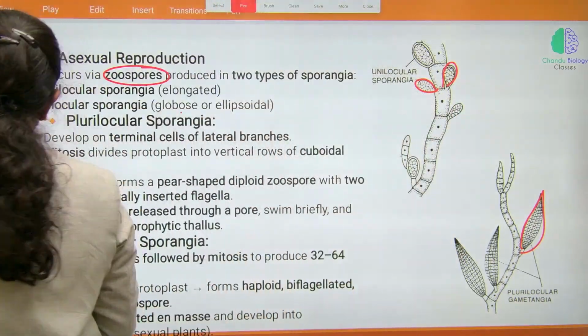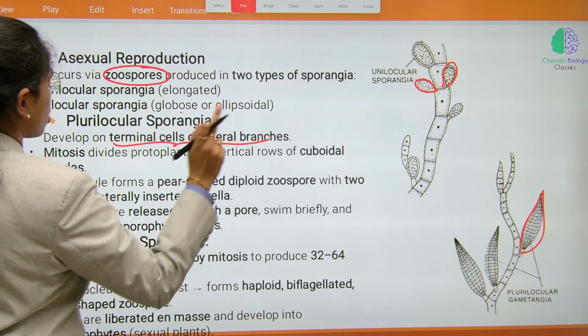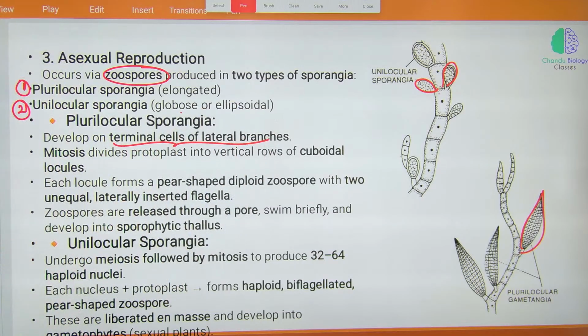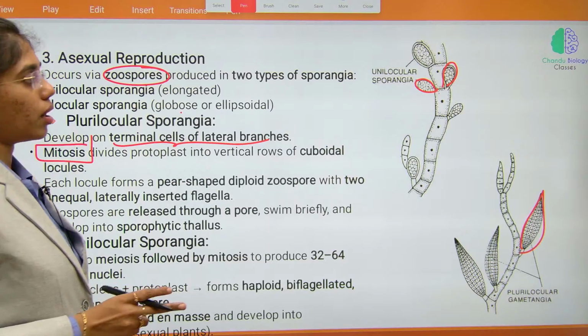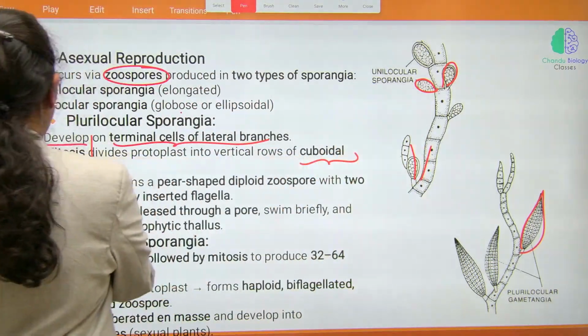Plurilocular sporangia develop on the terminal cells of the lateral branches. Mitosis divides the protoplast into two vertical rows of cuboidal locules.